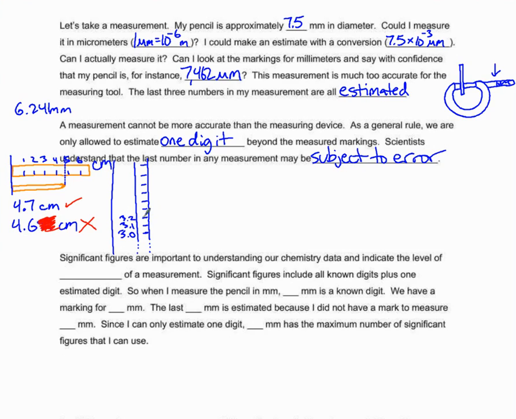Here's 3.2. Here's 3.3, 3.4, 3.5, and so on. So I start putting water into this thing, and let's say that the water level is here and looks like this.